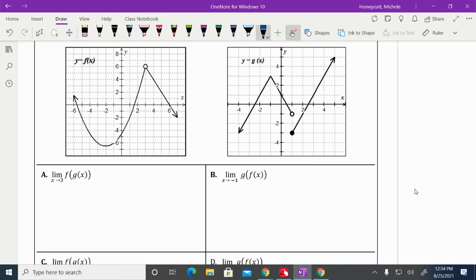All right, so A, the limit as x approaches 3 of f of g of x. I'm going to find that's equal to f of the limit as x approaches 3 of g. So let's find this part.